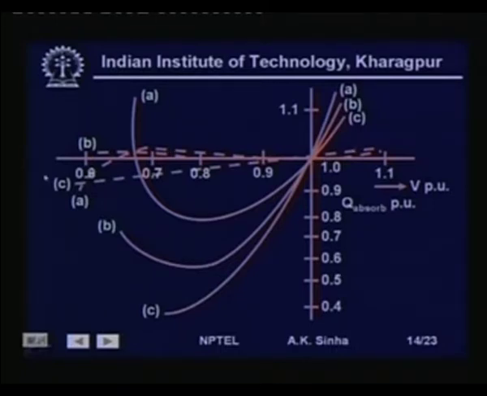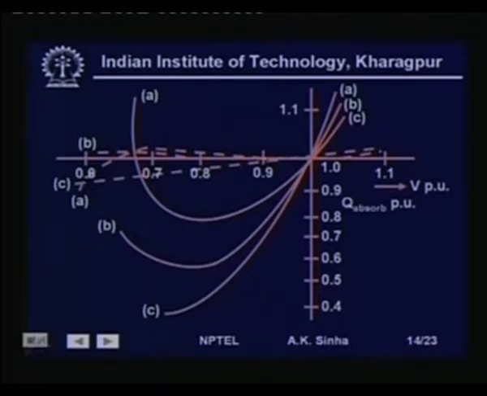This dotted line for characteristics A is telling us how the real power is going to vary when the voltage is varied, that is, if it increases beyond 1 per unit, then the real power developed by the machine will also be more than 1 per unit.